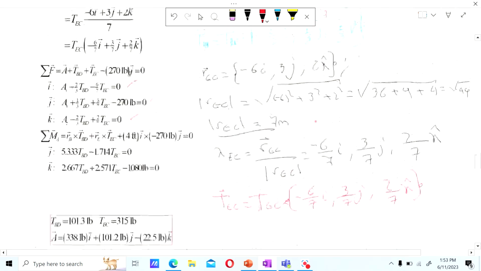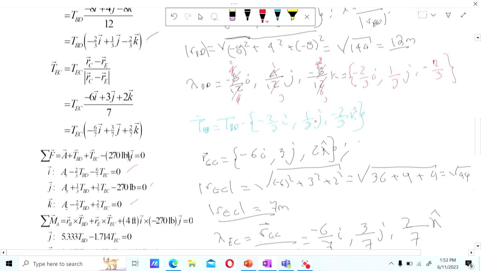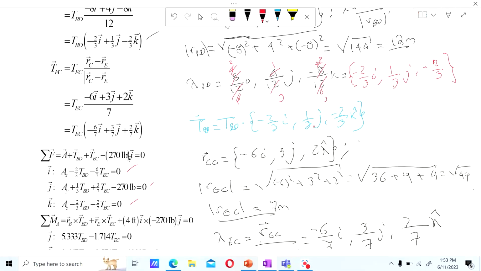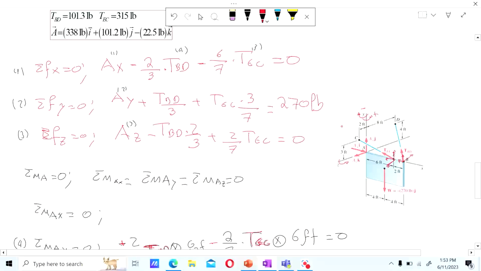So, in other words, let's go over the problem one last time. When you find your unit vector, notice that you got a negative in I, a positive in J, and a negative in K. The moment around axis Y is going to be produced by the force in axis K. So this K component will make it rotate counterclockwise around Y. So even though this force is negative, you can redraw it.